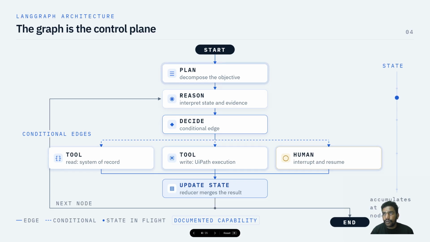Now, moving on. Here, we are able to see the shape of a LangGraph application. Start with the plan, then reason, decide, then set the possible next step, then the state update, then either the next node or the end.